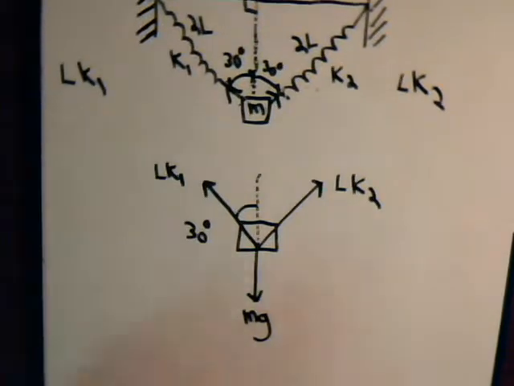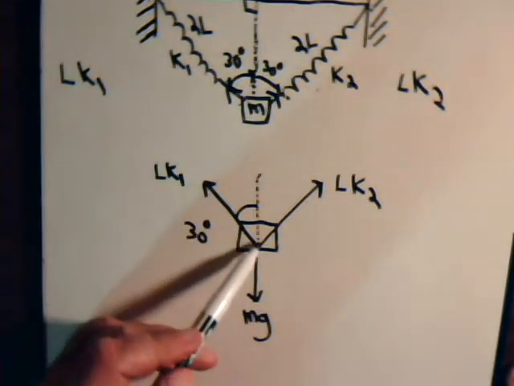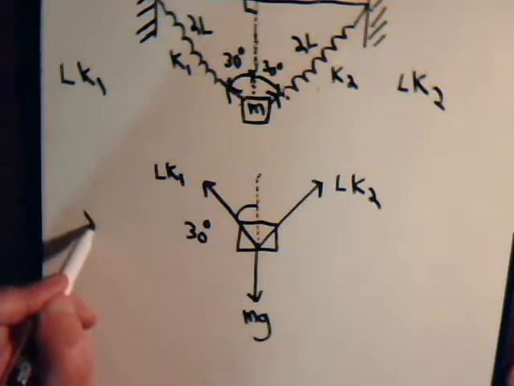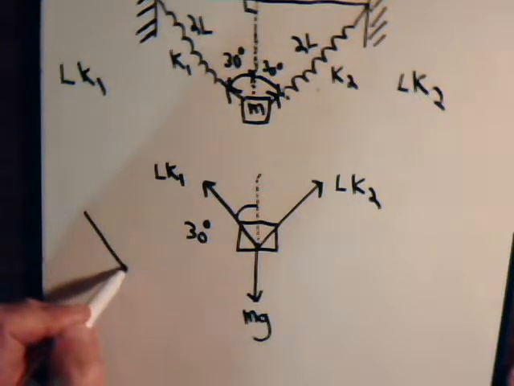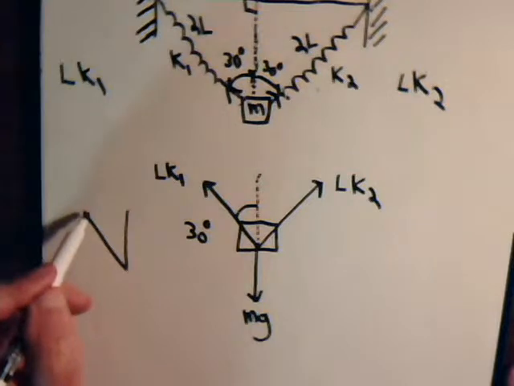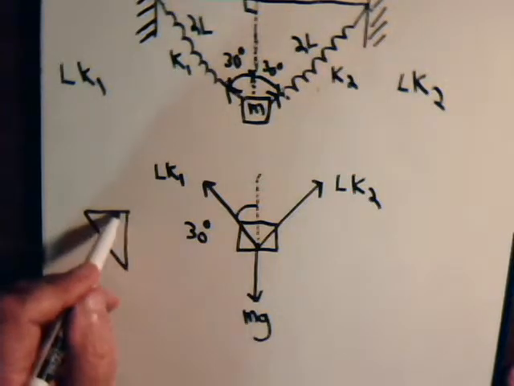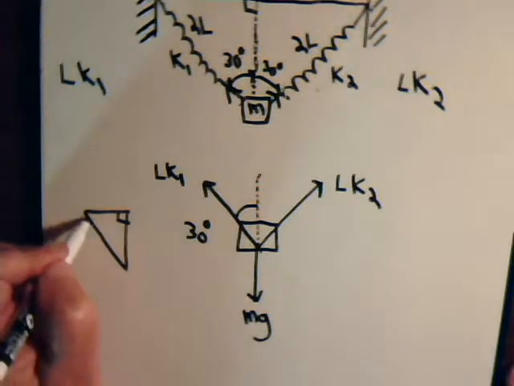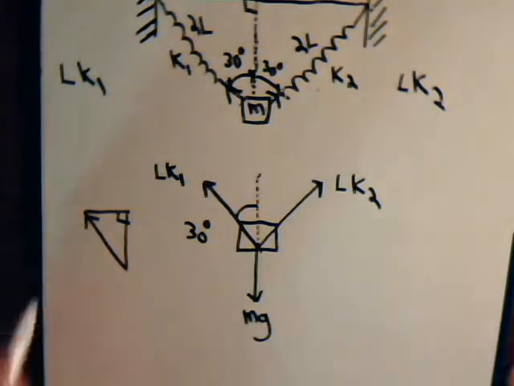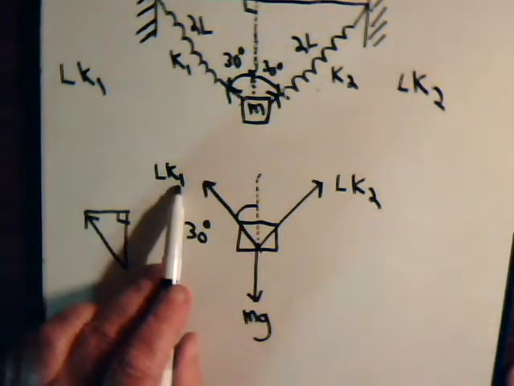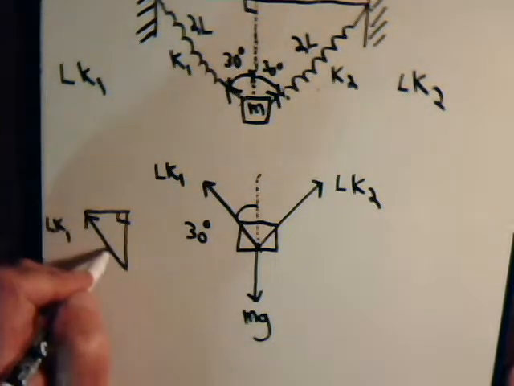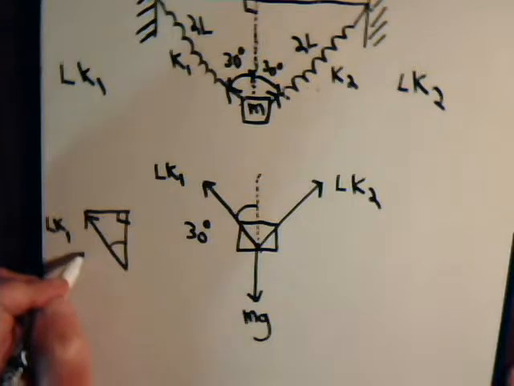So let's imagine this triangle here, where we have this, this, this, and here this would be the hypotenuse of it. It points in this direction. It has a magnitude of LK1. This angle is 30 degrees.